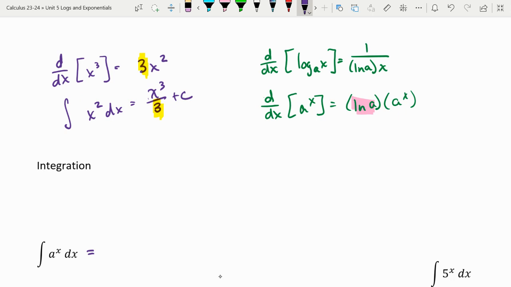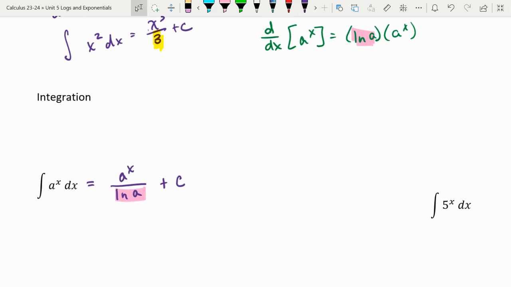So going backwards, I'm going to have an a to the x. And since I multiplied by ln of a in the derivative, to go backwards, I'm going to need to divide by the natural log of a to undo that multiplication. And then I need my plus c, just like we saw with x cubed. If I multiplied in the derivative, then going backwards from that, I had to divide in the integral.